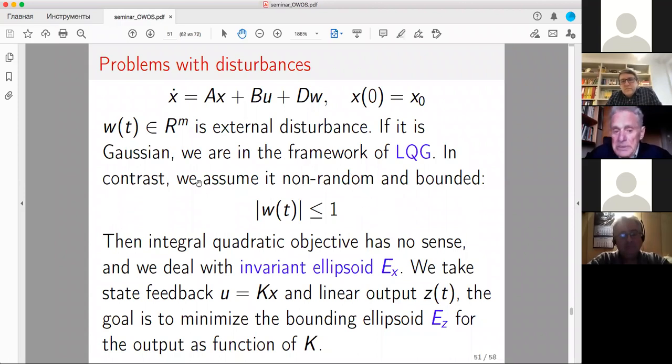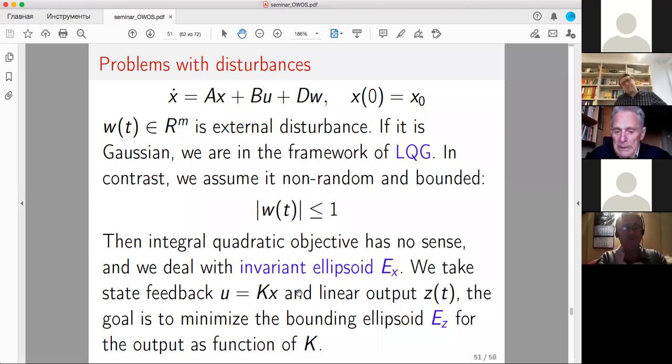But assume that disturbances are just bounded, not random, and we have this constraint for all disturbances.